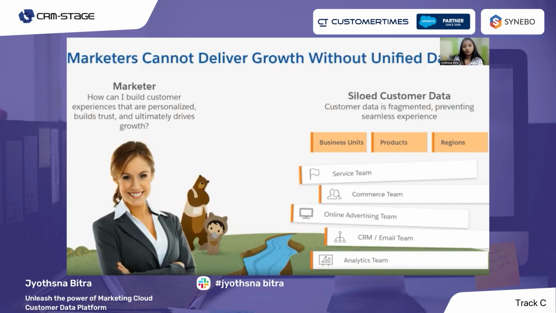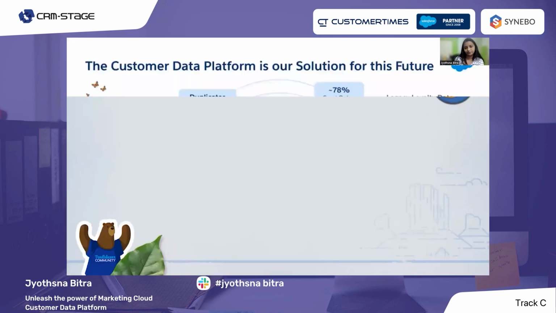In order to drive growth, businesses should build customer loyalty and trust. But customer data is fragmented across different regions, products, services, business units, and different tools. This has been a major challenge for marketers, and it limits them in delivering personalized experiences.